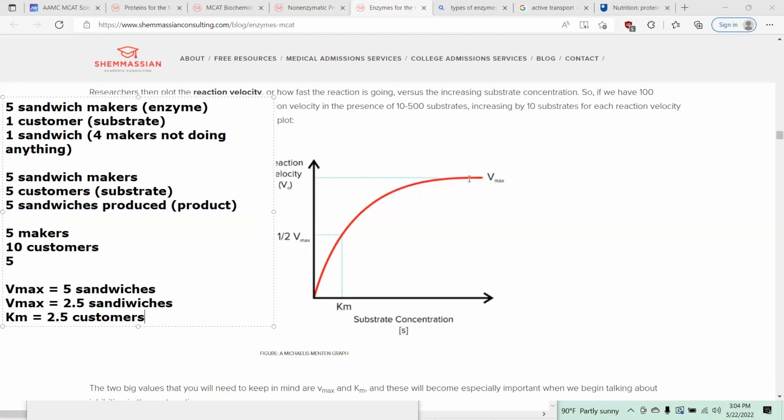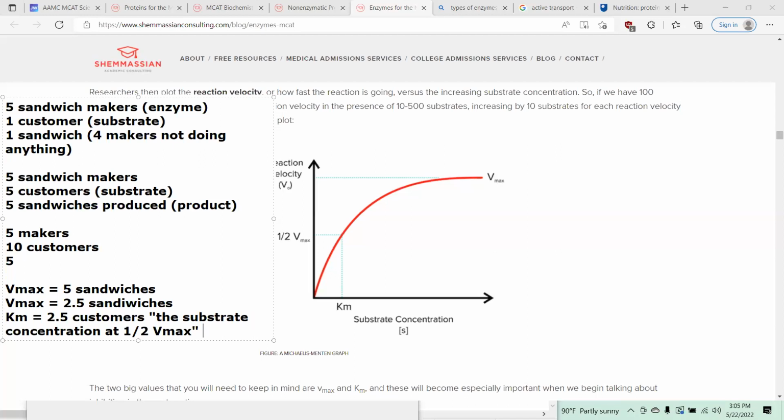So if you know the Vmax, then you know half of Vmax, and if you know the ratio of the substrate to the product, then you can know what the Km is. So Km is the substrate concentration at 1/2 Vmax.